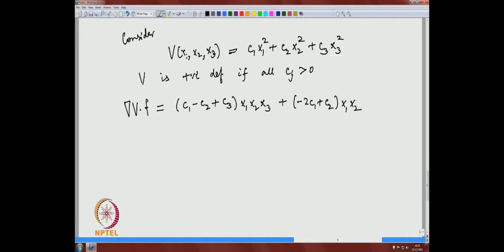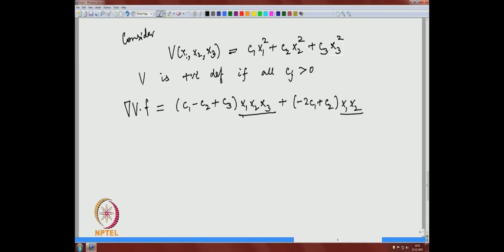So, if you look at these terms, x1 x2 x3 and x1 x2, no matter what constants I choose, either to make these coefficients positive or negative, because it involves the product of x1 x2 x3, in a neighborhood of the origin they can take both positive and negative signs.